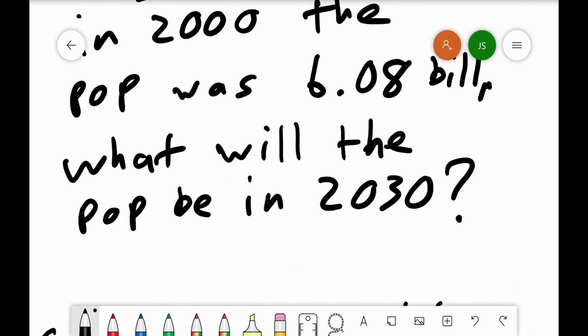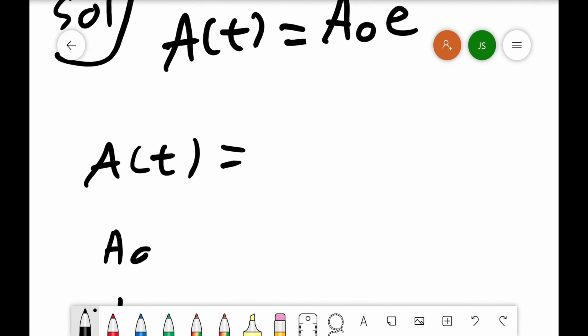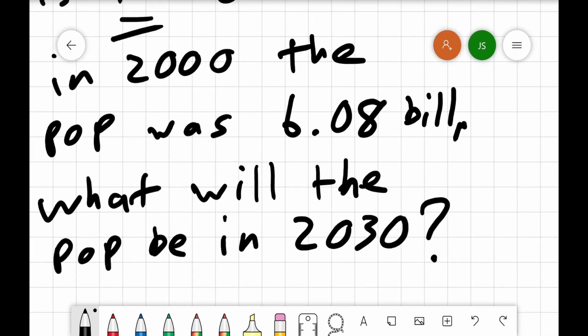So what will the population be in 2030? That's the amount. And remember, this is the amount after some time. In this case, we're talking about amount of people. So this is the question. And this is when t equals a certain number. I don't just want the formula here. What is t going to be?